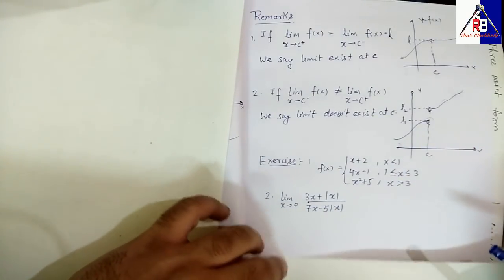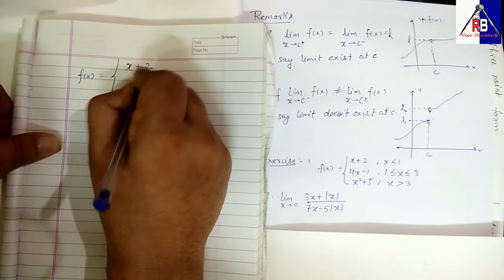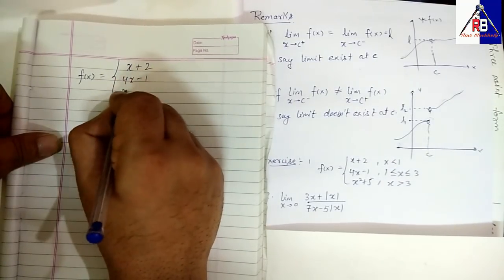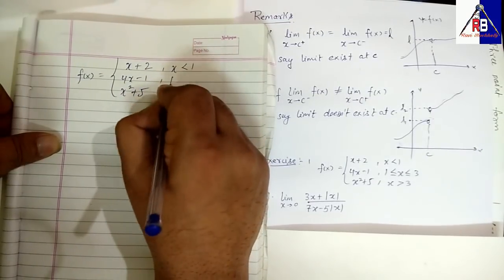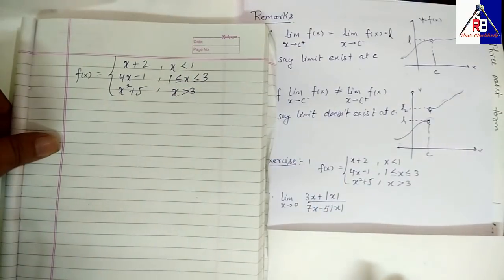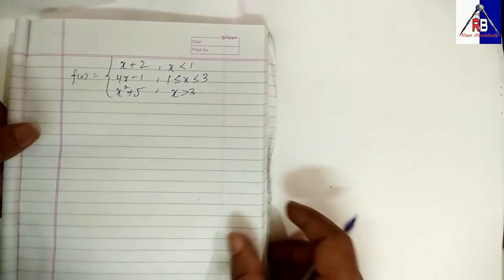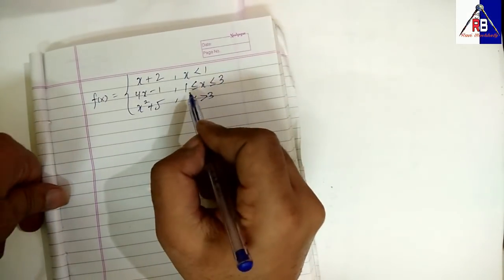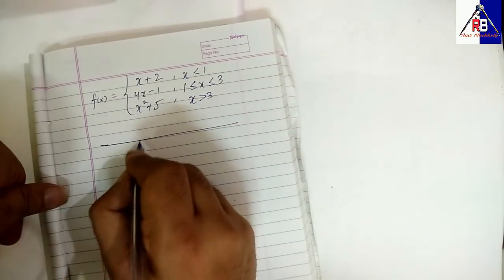Now we have a few questions out here. We need to check its limit at two points, 1 and 3. This is the question. So first of all, we need to understand what it means.